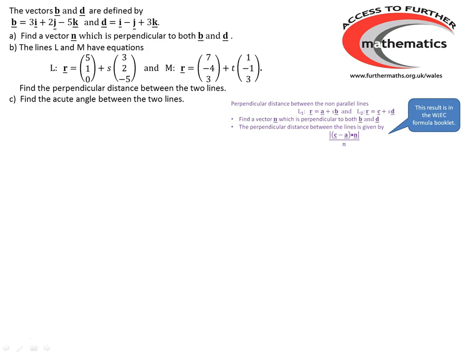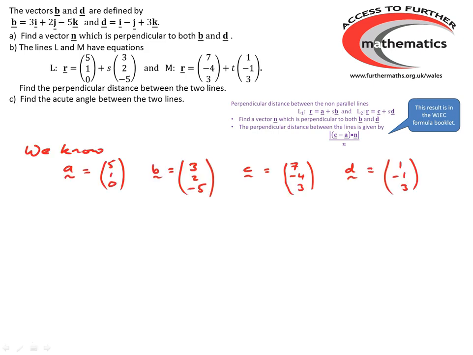We have the result from the formula booklet that we commented on earlier. For the first line, the position vector of the point that the first line goes through is (5, 1, 0). That's the vector a. The vector b we already know is (3, 2, -5). That's the direction vector for the first line.